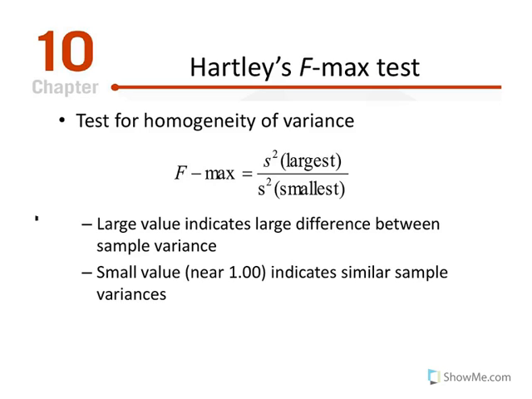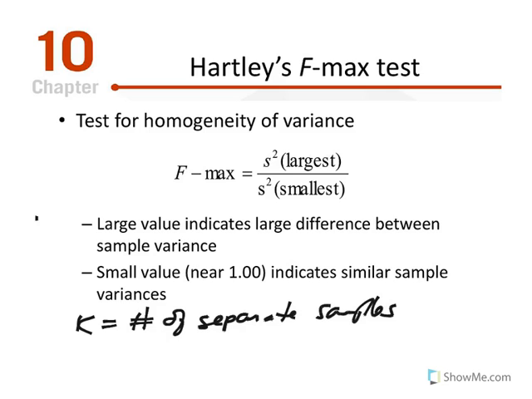To locate the critical value in the table, we're going to use table B.3 in Appendix B, which is the F-max table. So again, to locate the critical value, we're going to need this new variable referred to as k, and k represents the number of separate samples.